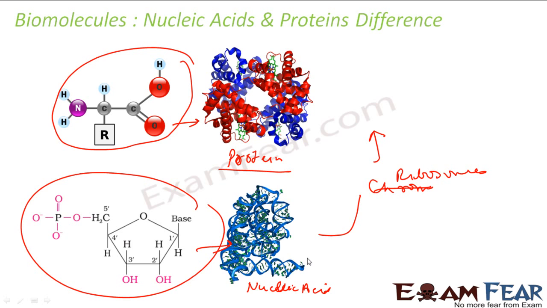Nucleic acid is used to store information. That is the flow: a chain of nucleotides, ribosomes use the nucleic acid to create proteins, proteins create lungs and organs, and from organs you get the body. So they are all linked together.